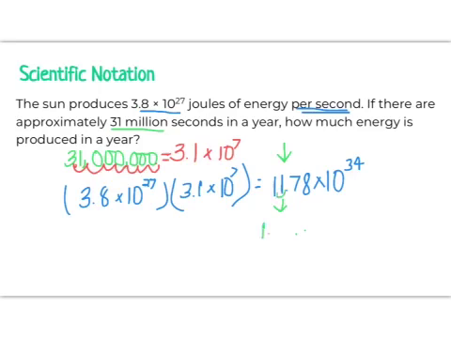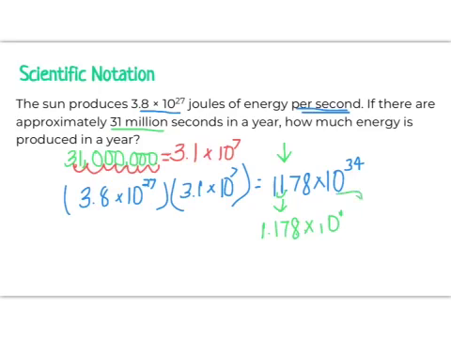So that's going to make it 1.178 times 10 to the first power, because I moved the decimal place over 1, and it's a positive exponent because it's a number that's bigger than 1. So that is just for 11.78.